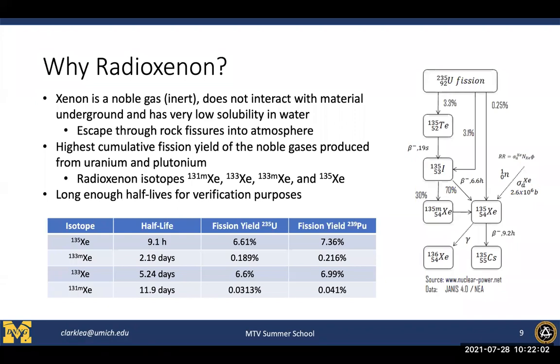We would get lots of high background in the atmosphere, and it could cover up emissions from explosions anyway. So because xenon is a noble gas, it has the highest cumulative fission yield, and it has just the right sweet spot for the half-lives, as you can see right here. This is why the CTBT looked to xenon for this particular radionuclide monitoring.